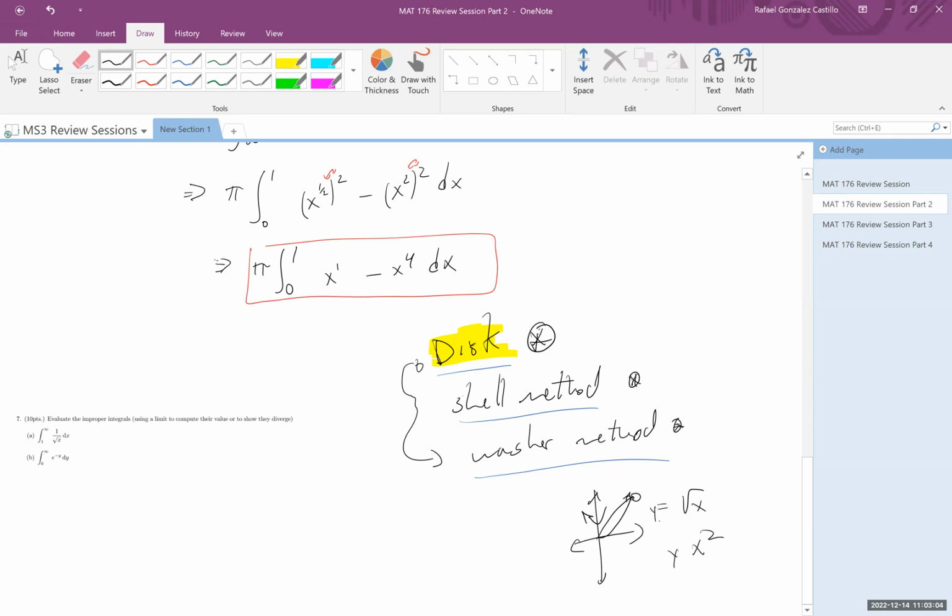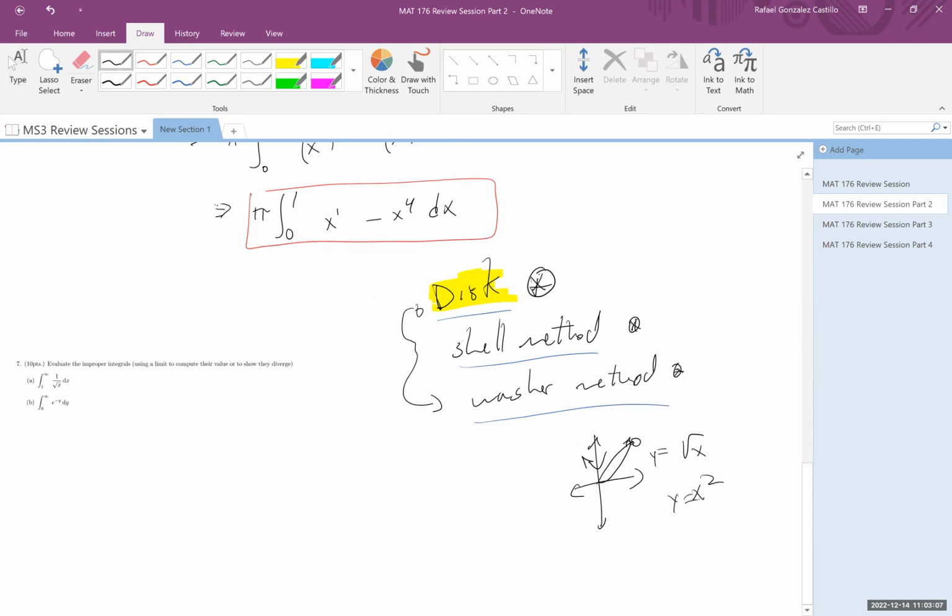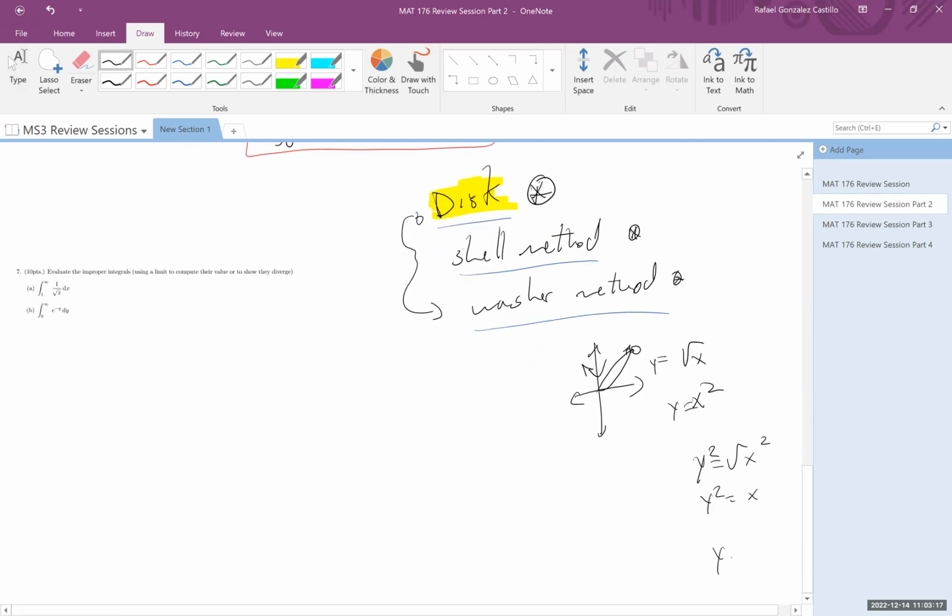How do you change them? You simply solve for the other variable. So if you have y equals radical x and you want to solve for x, you square both sides, so you get y squared is equal to x. And for the other one, you have y equals x squared, you take the root on both sides, and you get radical y is equal to x.